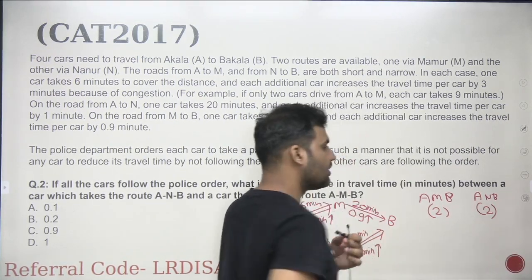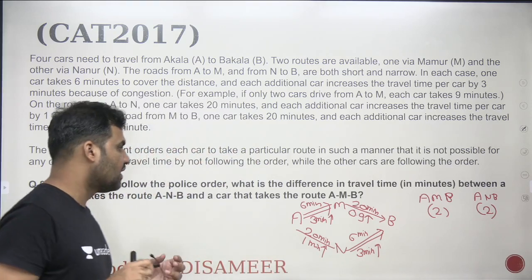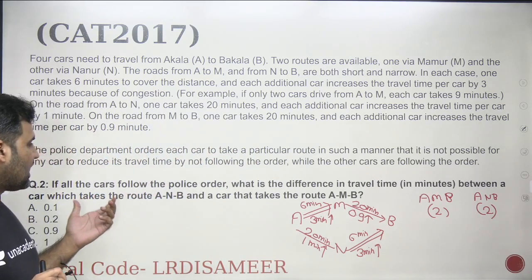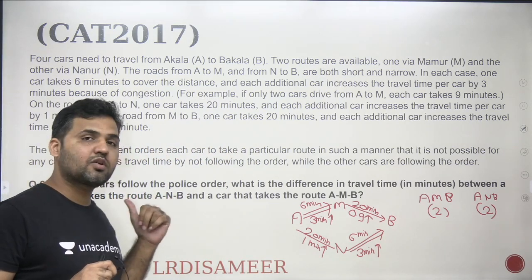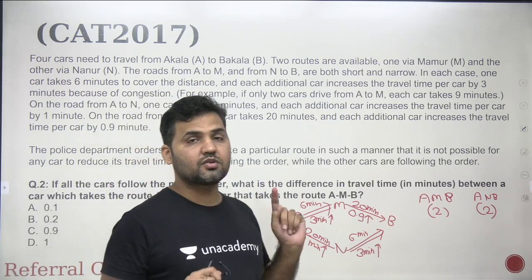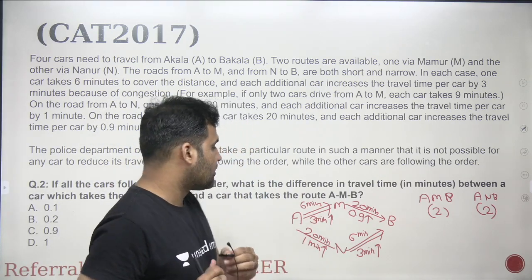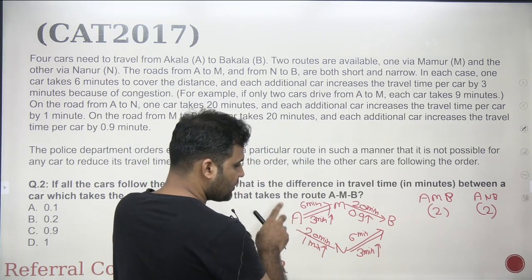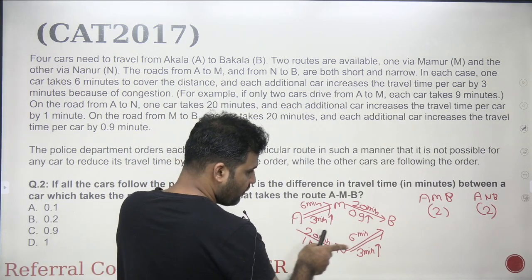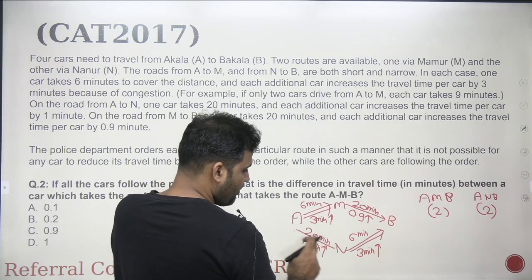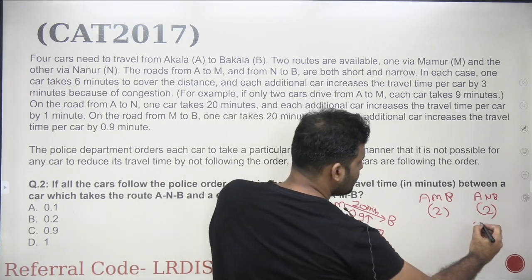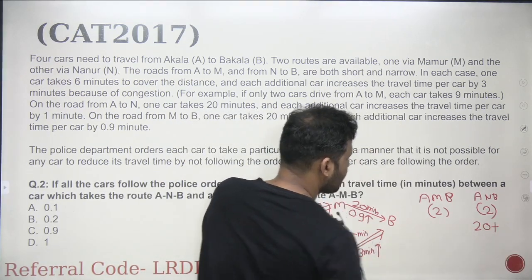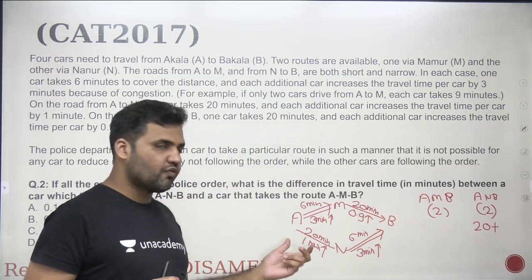In this particular question, all we have to answer is the difference in the time taken by the car using the route A-M-B and the car using the route A-N-B. If two cars are following the police order using the route A-N-B, from A to N the travel time is 20 minutes, plus 1 because of the additional car.